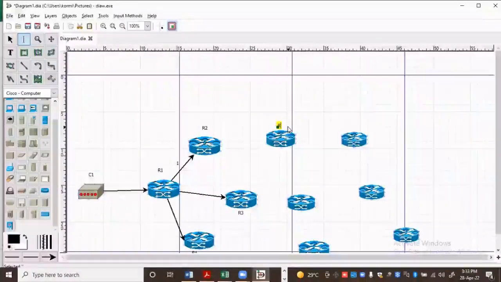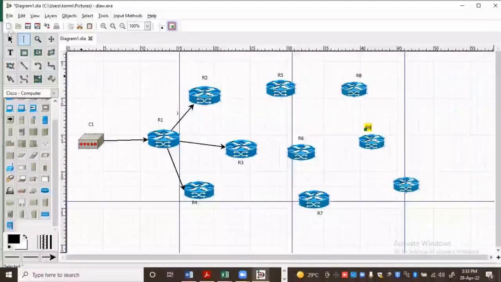R5, it was R6 here, if I'm not mistaken. R6. We had R8 over here. R8. We got R9 over here. And then there was R10.